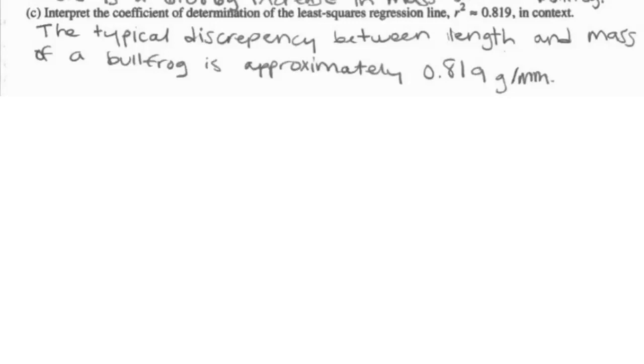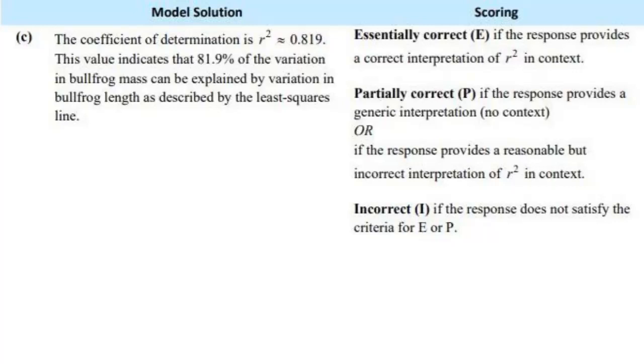All right, so I'm going to put the model solution back up. E, P, or I. If you have questions about how to score your student's page, please let me know. The error between bullfrog length and mass is captured by the I, unfortunately.